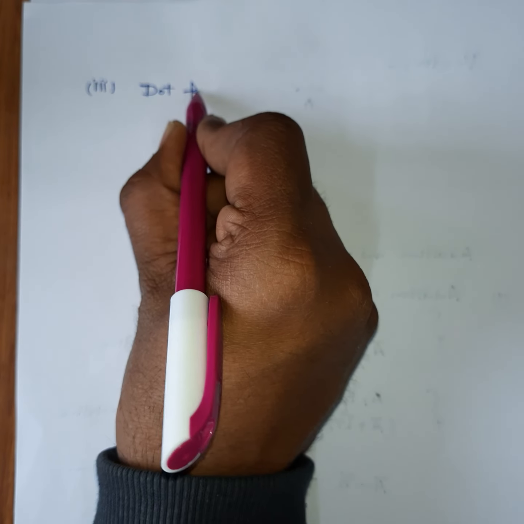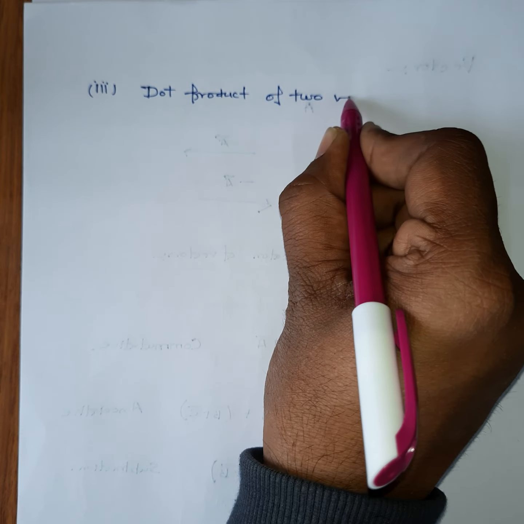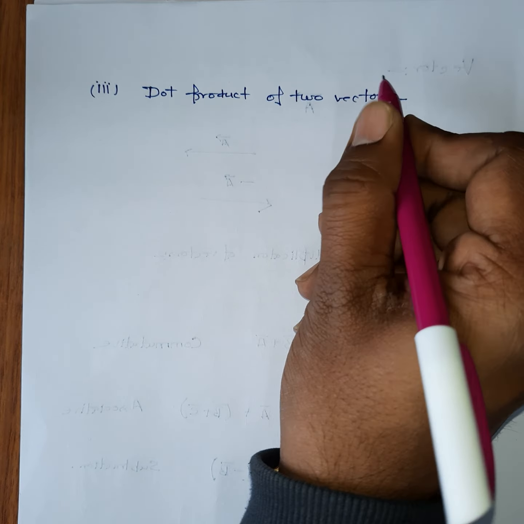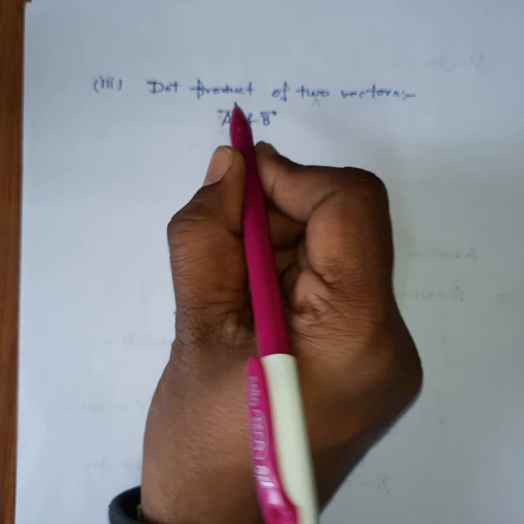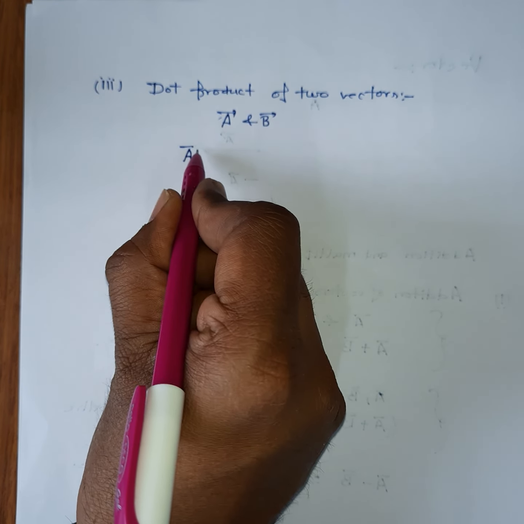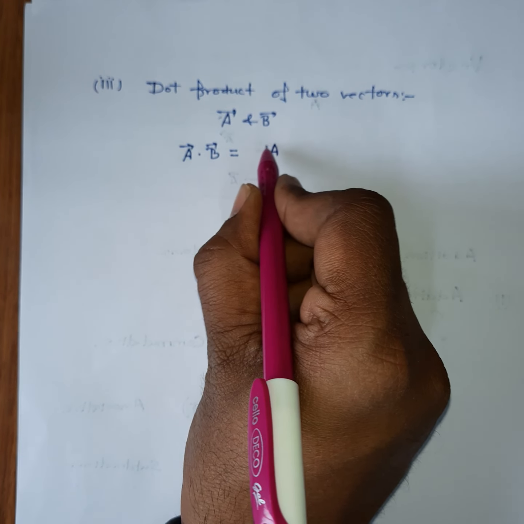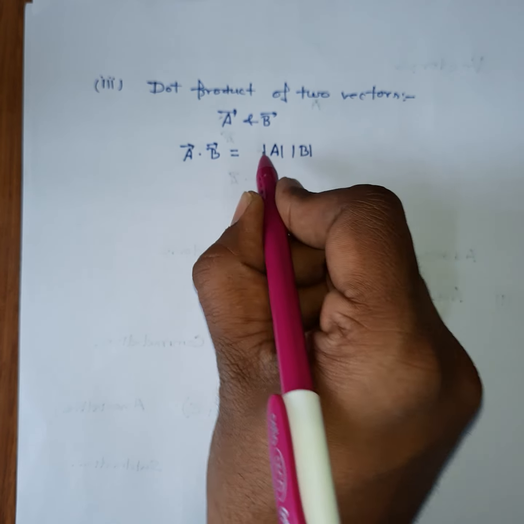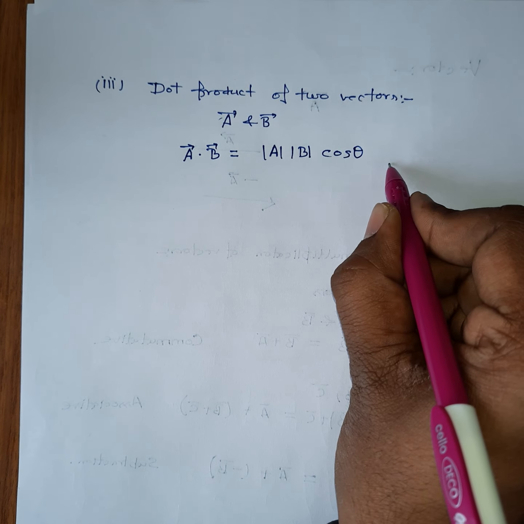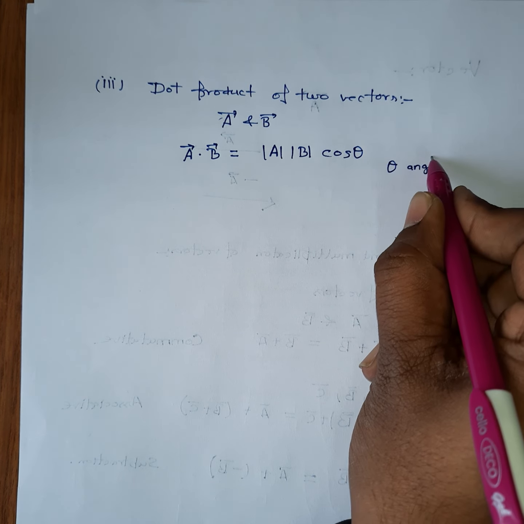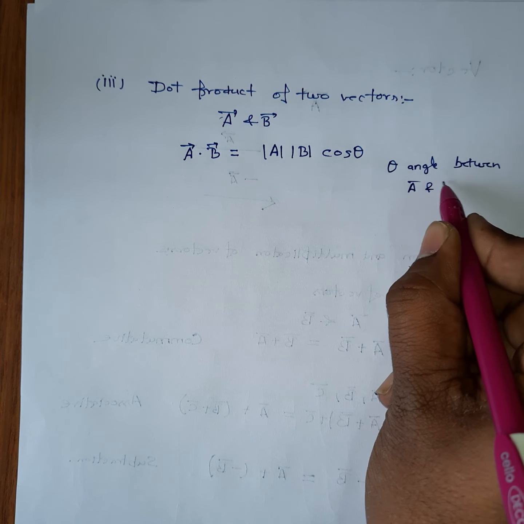If A and B are two vectors, then their dot product is defined as A vector dot B vector is equal to magnitude of A times magnitude of B times cos theta, where theta is the angle between A and B vectors.